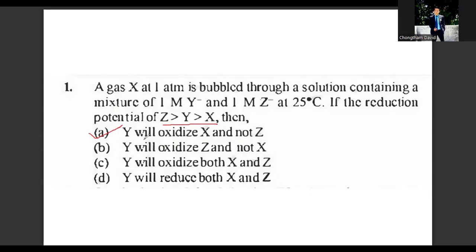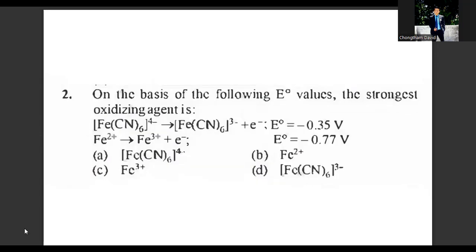Let us move on to the next question, question number two. On the basis of the following E naught values, the strongest oxidizing agent is. You are given a reaction here, iron 2 changing to iron 3 by losing an electron.